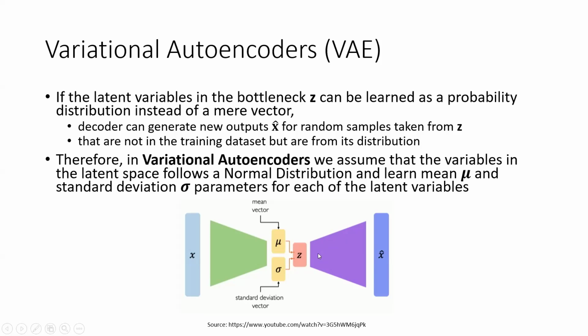So each time you ask for a Z vector, it would arbitrarily give some values for the weight vectors in the Z layer, so that these X hat images generated from this decoder layer will be different from the original images, but would belong to this distribution of the data set, while being different from the data points given in this data set, right?